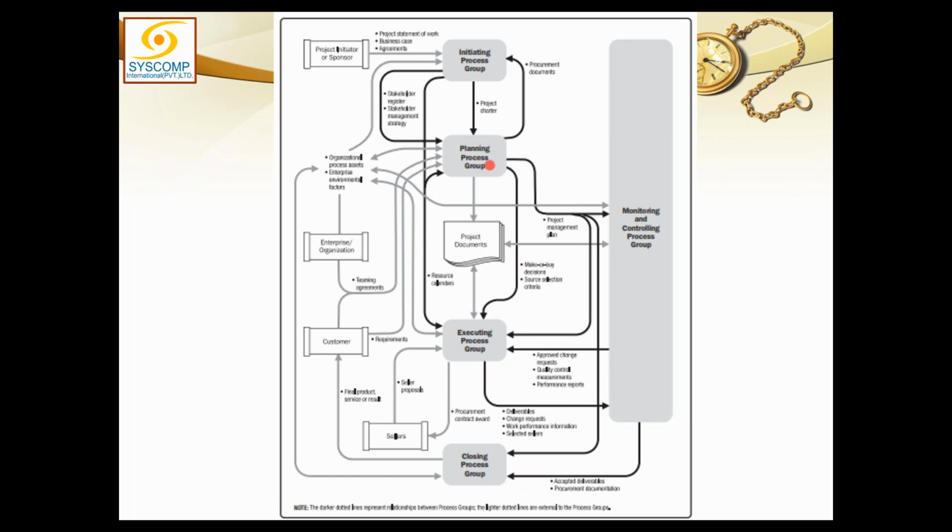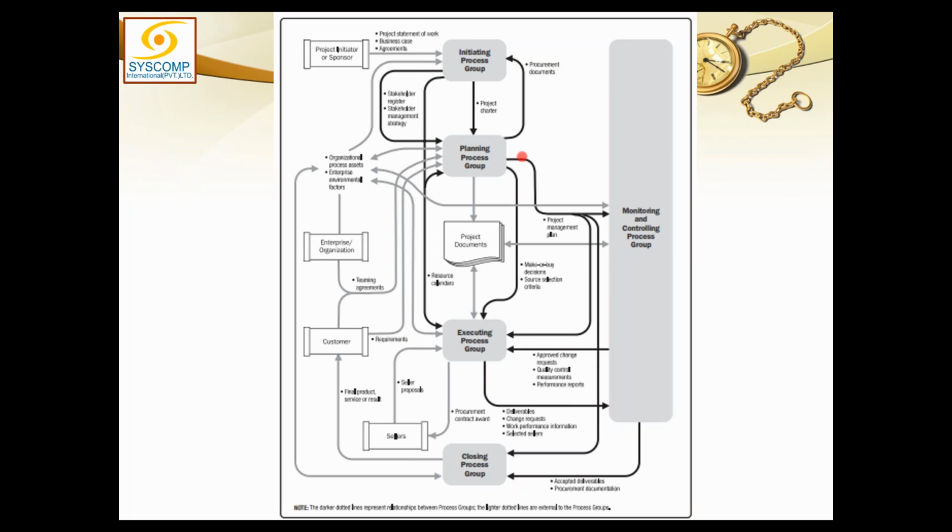And the remaining: the project management plan includes what? All the management plans and all the baselines. So we counted a minimum of 11 management plans and 3 baselines which are to be ingredients of the project management plan.